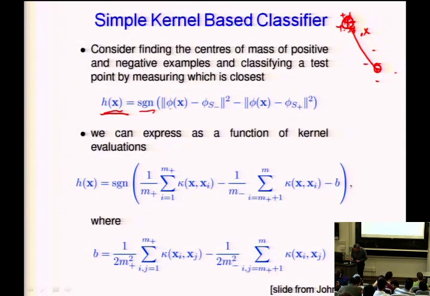We're going to explode x into some higher dimensional space, phi of x. Look at the difference between its point in that higher dimensional space and the mean of negative examples in that higher dimensional space. So we have to explode all those too. We'll look at the square distance from the mean of the negative examples exploded with phi versus the distance from the mean of the positives. So which one is it closer to in the exploded space?